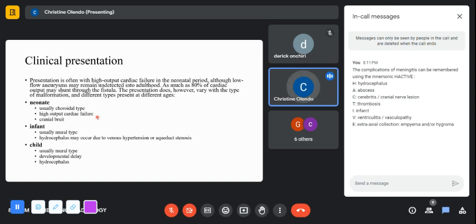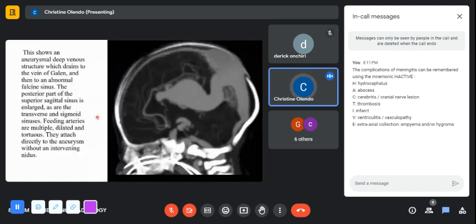And for the infant, you have more of the mural type with hydrocephalus, which may occur due to venous hypertension or aqueductal stenosis, and in the child you also have mural type, and the child will have developmental delays and hydrocephalus. So here we have a CT angiogram.